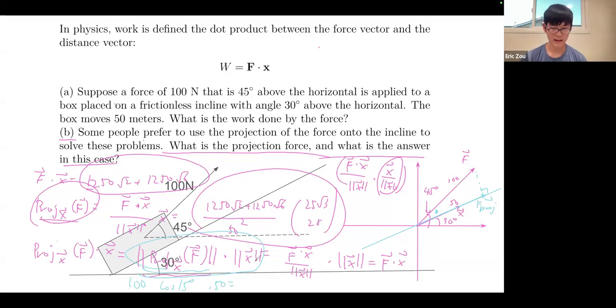Maybe remember that cosine of 15 degrees is root 2 plus root 6 over 4. Maybe you can derive that from the angle sum or subtraction formula as well. This is times 50, and this is the same number, about 4,000 something again. So that's the other way to do it. This is probably cleaner if you look at it directly from cosine 15 degrees. Any questions?